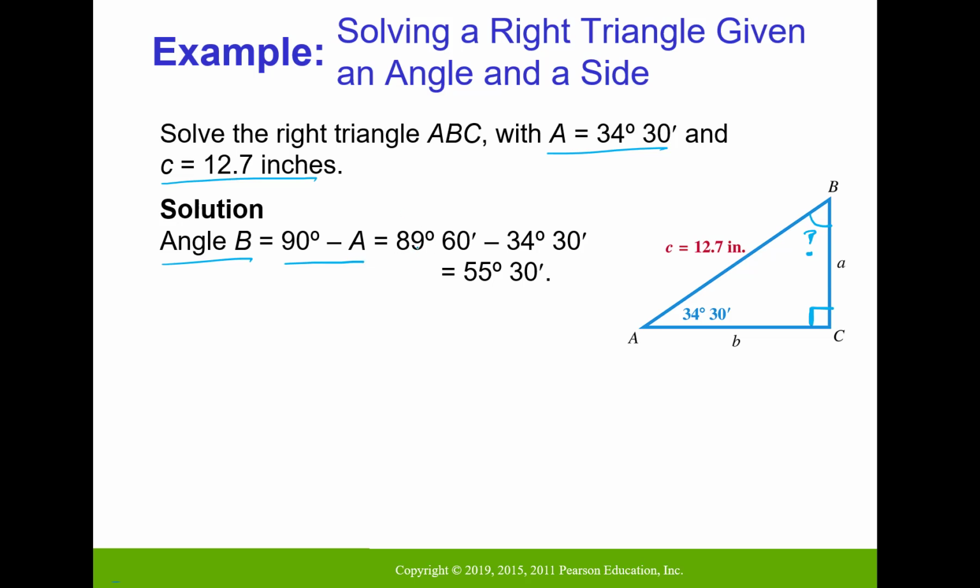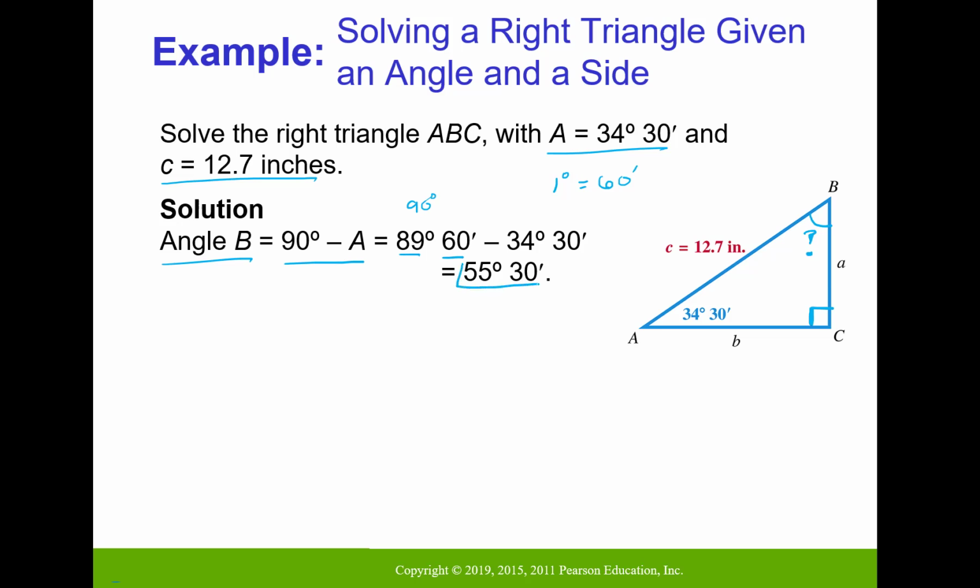If we subtract that, we convert 90 degrees to 89 degrees and 60 minutes so that we can do this subtraction. It's just like borrowing a degree and turning it into 60 minutes, since 1 degree is equal to 60 minutes. If we do that subtraction, we get that our missing angle is 55 degrees 30 minutes.